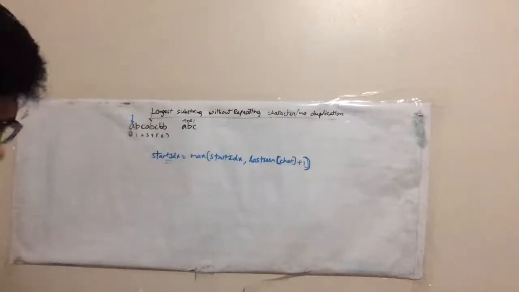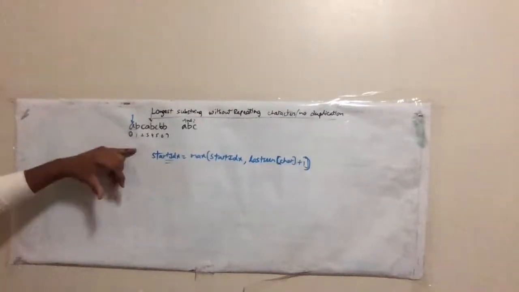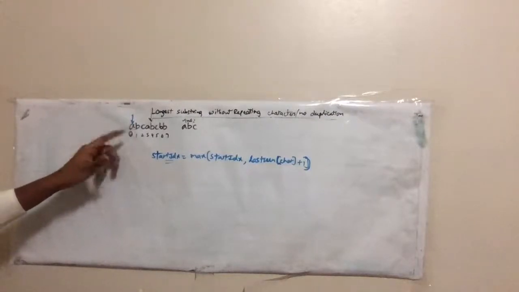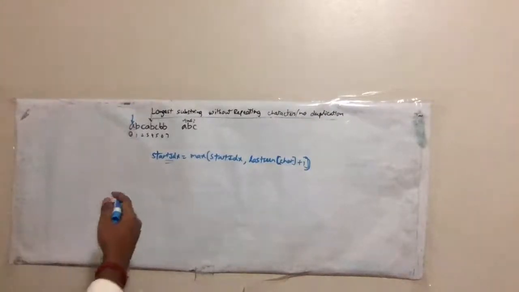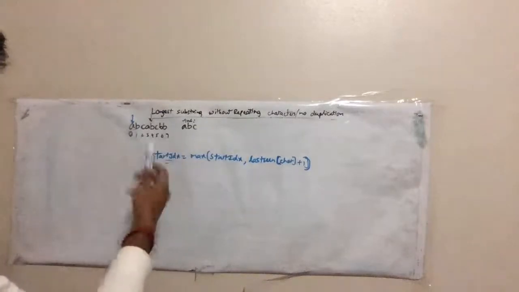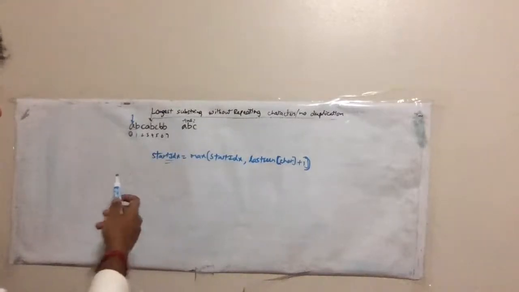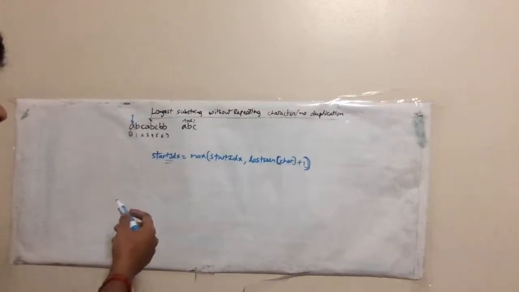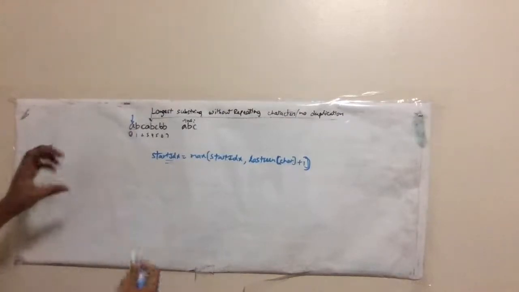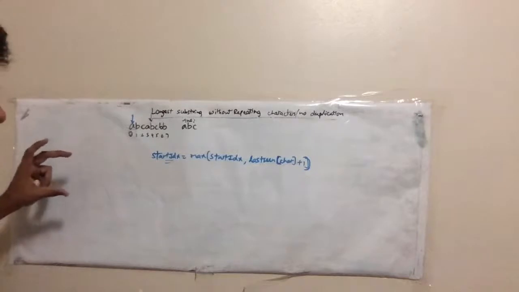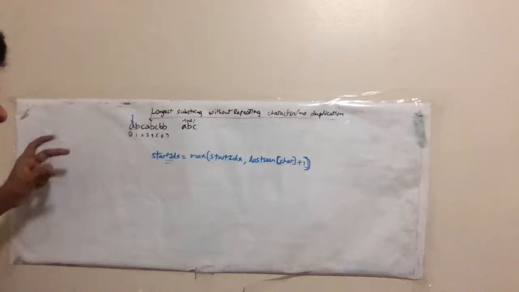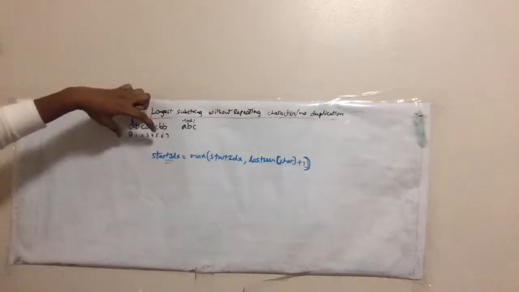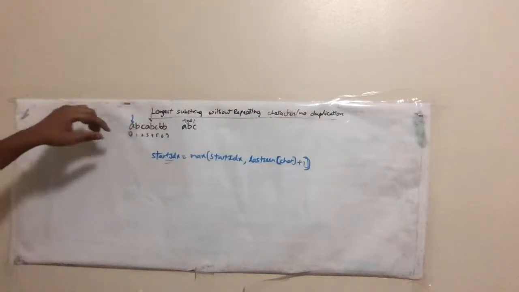So this will be executed in a time complexity of big O of n. We just need to iterate through this string and create a hash table. The hash table size is the minimum of the number of distinct characters and the length of the string, right?